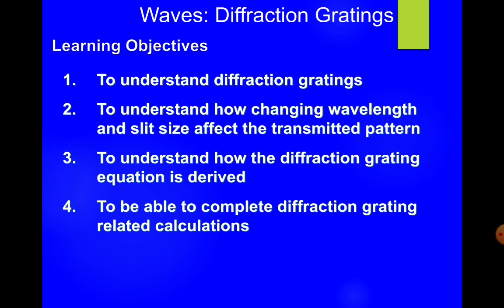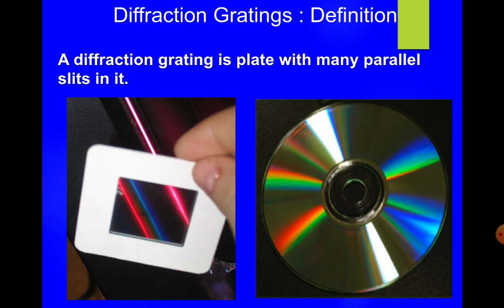We're going to understand how changing the wavelength and slit size affects the transmitted pattern, the fringes, to understand how the diffraction grating equation is derived, and to be able to complete diffraction grating related calculations.